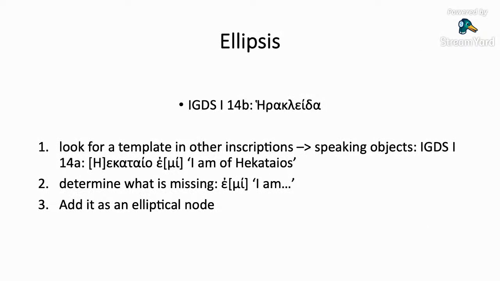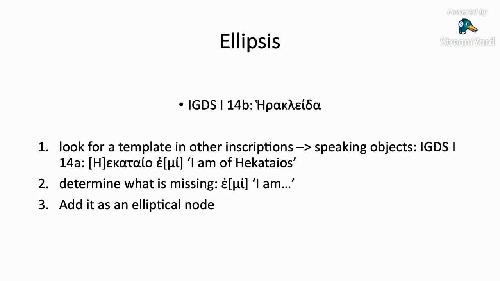But maybe one of the more challenging issues was ellipsis, even though ellipsis is notoriously problematic also when you deal with literary texts. So, for example, I've mentioned that these inscriptions can be very short.